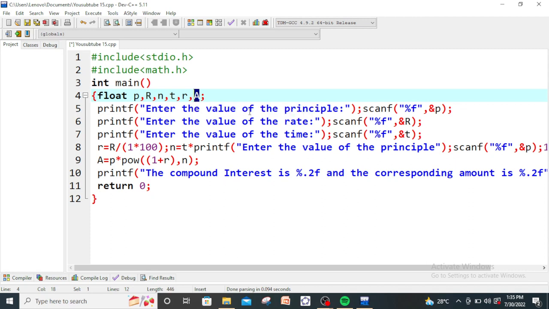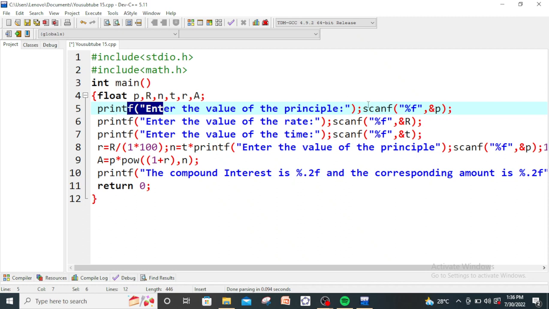Now you see in the question there are given three things: principal, rate and time. These physical quantities are given. So I have used three printf functions one after the other.